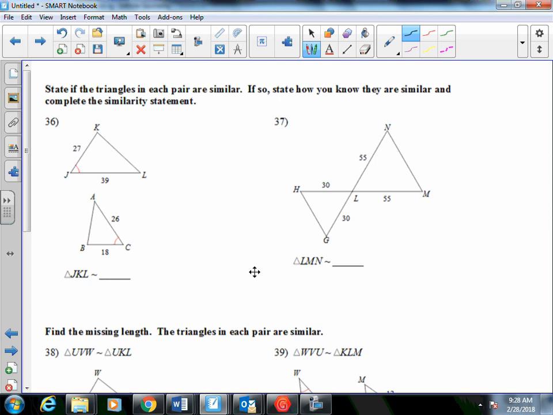Right? So 18 over 27 should equal 26 over 39.